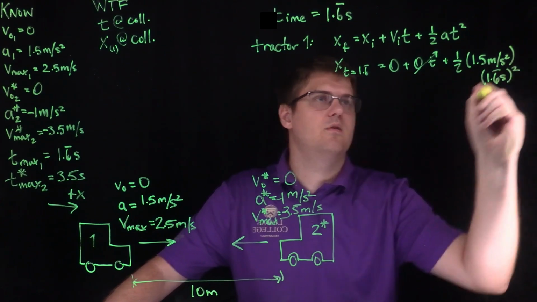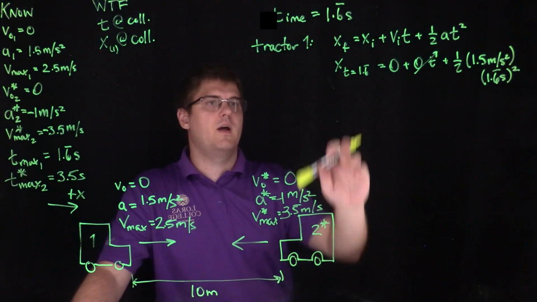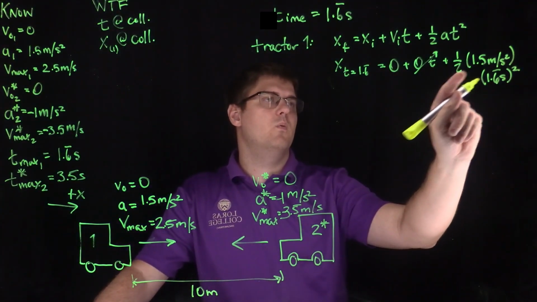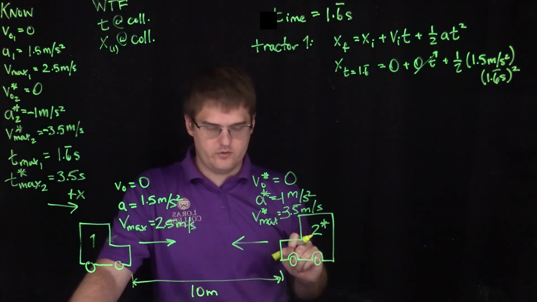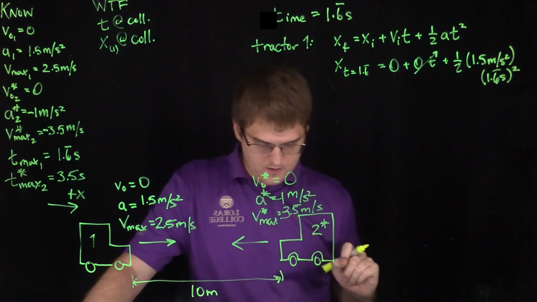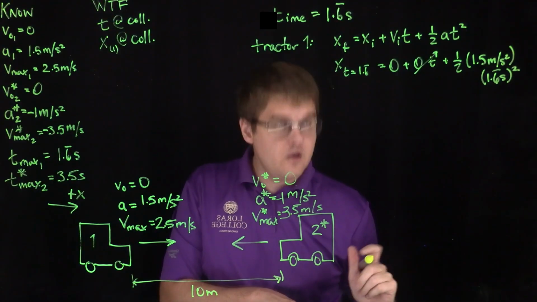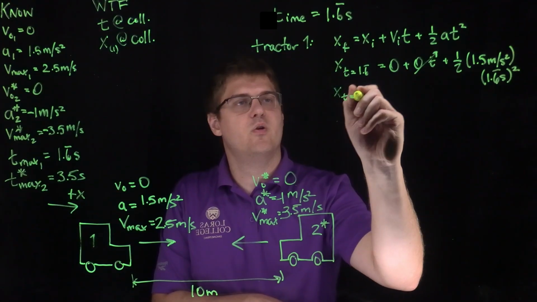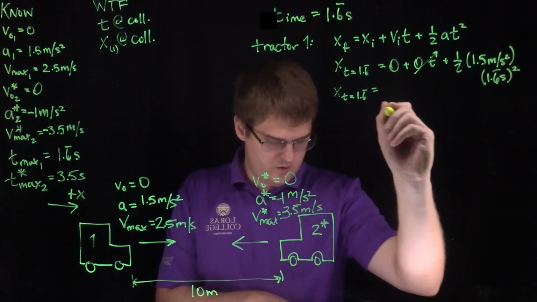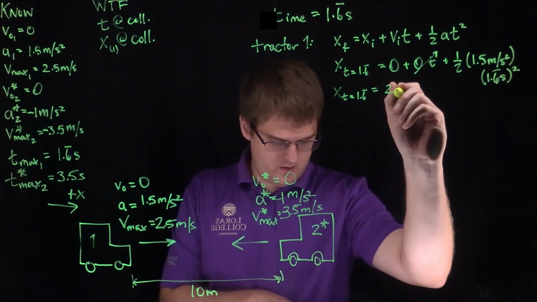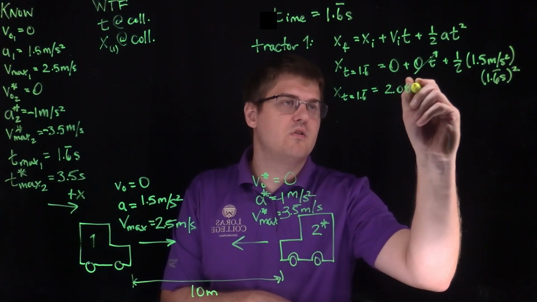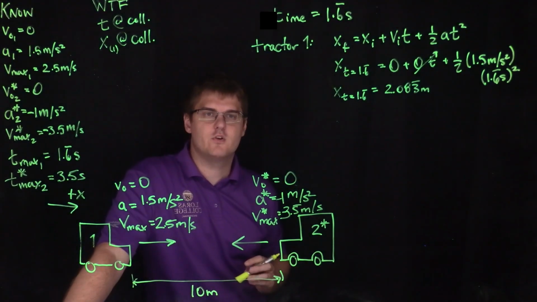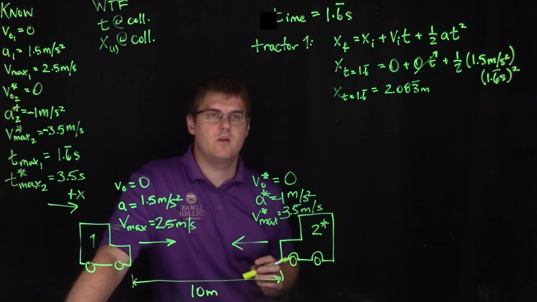And that has to be squared. So my x at time of 1.6 for tractor 1 is going to be 1/2 times 1.5 times 1.6 repeated squared. That number, I cannot do in my head, is going to be 2.083 repeated meters. So it has gone just over 2 meters by the time it is going the same speed.